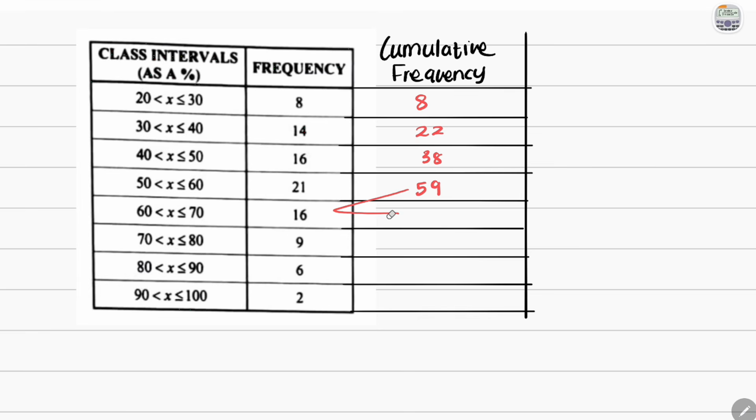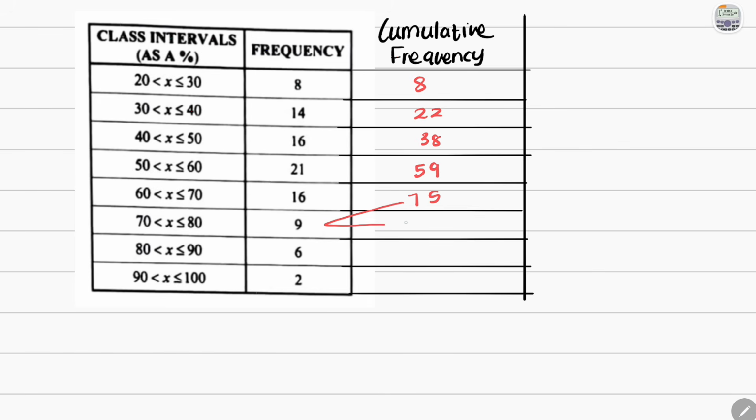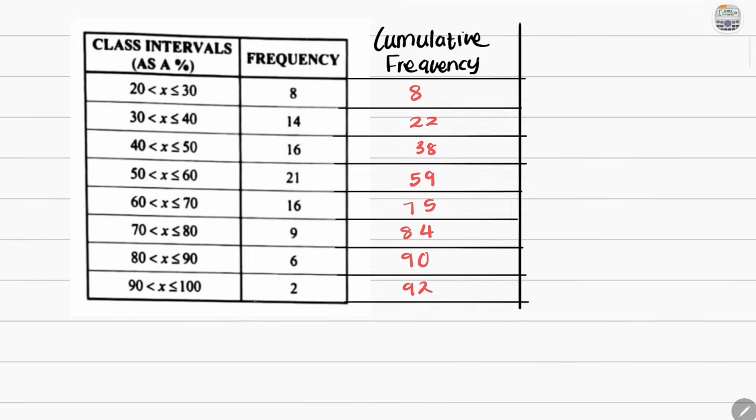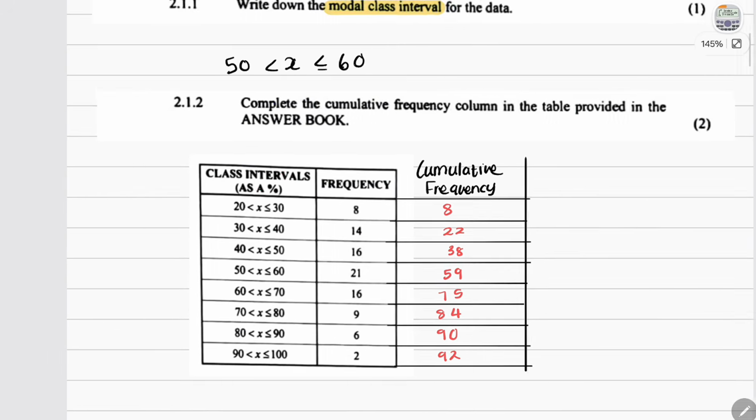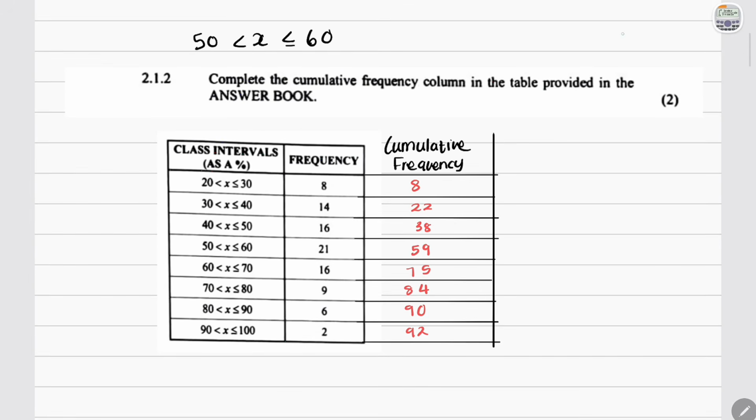So 59 plus 16 is 75, plus 9 we have 84, then plus 6 gives us 90, and plus 2 gives us 92. So there is our cumulative frequency column. Moving on to the next question.